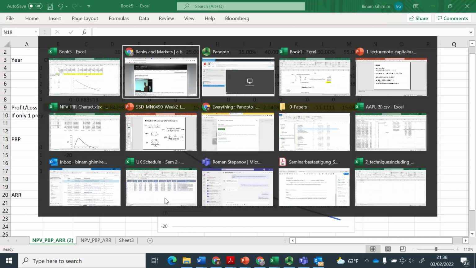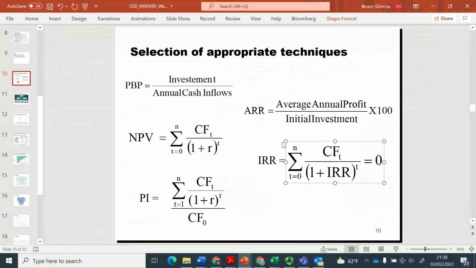Now I would like to show you the formula of IRR, and this is the formula for IRR. Can you see that the formula is exactly the same as the formula for NPV, but what IRR does is force the NPV to become 0. So instead of R, we are saying IRR.